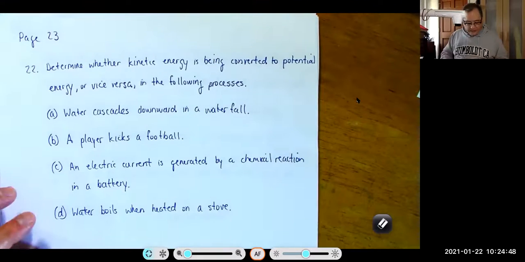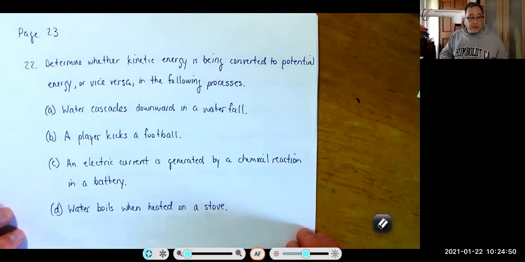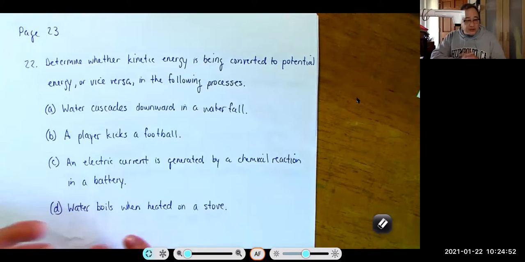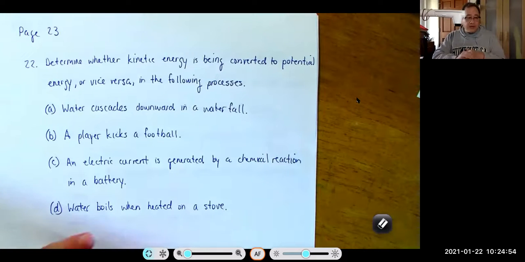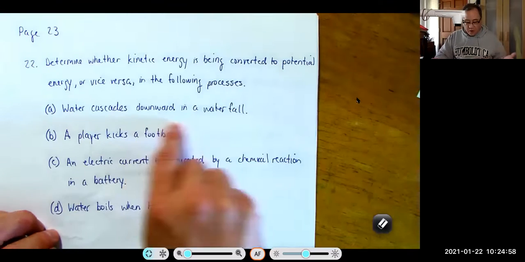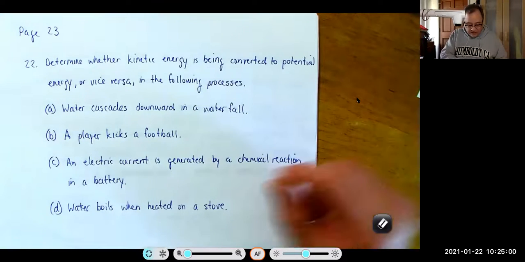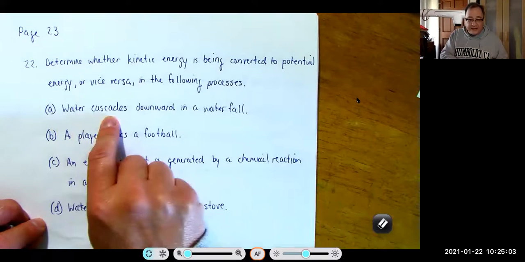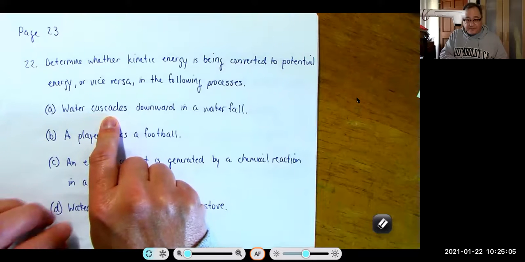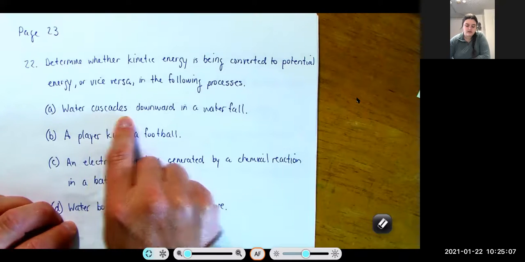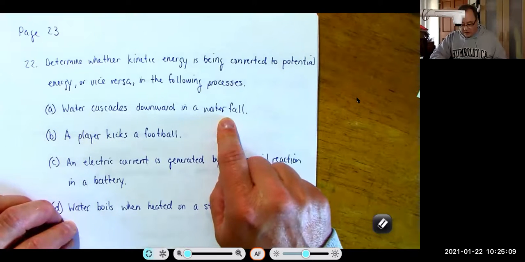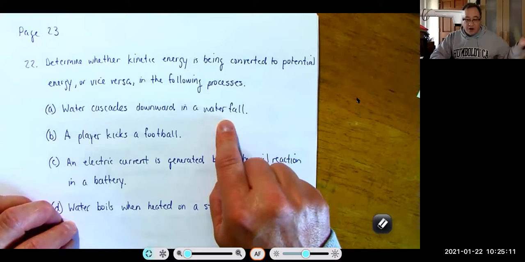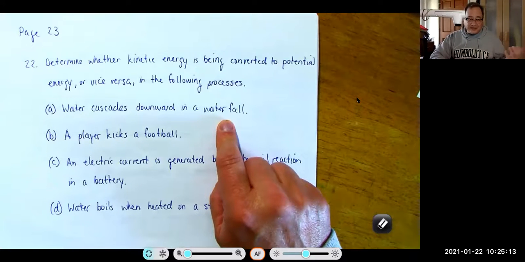Okay. Now this is a tricky question. Determine whether kinetic energy is being converted to potential or vice versa in the following processes. Water cascades downward in a waterfall. Well, clearly if water is cascading, that's kinetic energy, right? And when it moves downward in a waterfall, to me, a waterfall is the water falling. So that's kinetic energy.